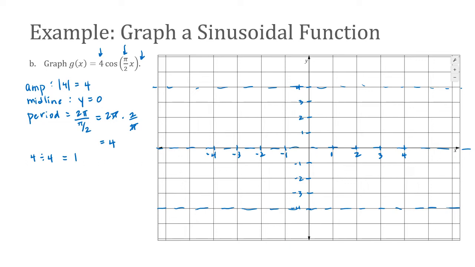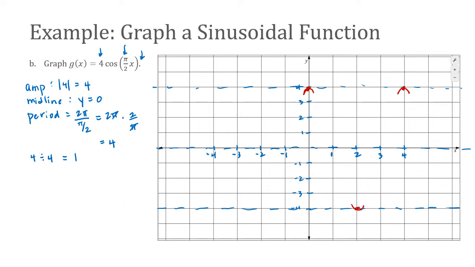But this one doesn't have that, so I'm going to go ahead and put a mark at the highest value at (0, 4). Now, it doesn't repeat itself until the end of the period, which is at (4, 4). And because I know that's the highest value, I sometimes like to just put a little curve there to remind myself. Halfway between, at 2, it's going to hit its lowest value.